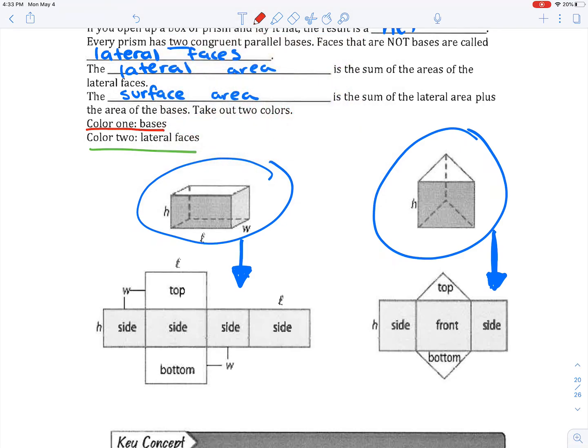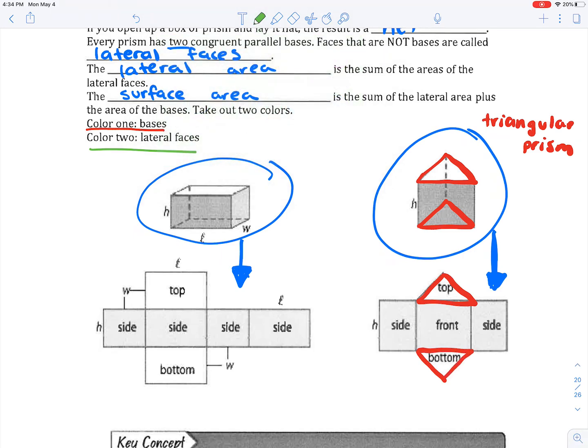Let's actually start with the triangular prism. Since this is a triangular prism, I know that the base is a triangle. I also see there are only two triangles, therefore I know that these are my bases. So in red here are my bases, my two triangles.